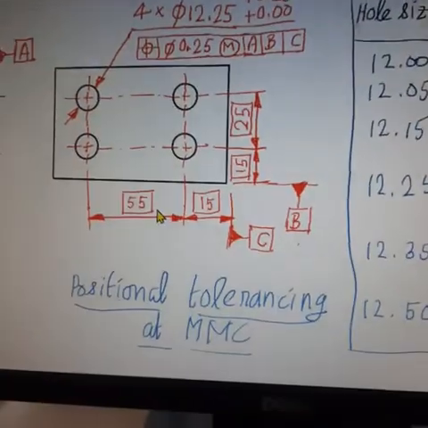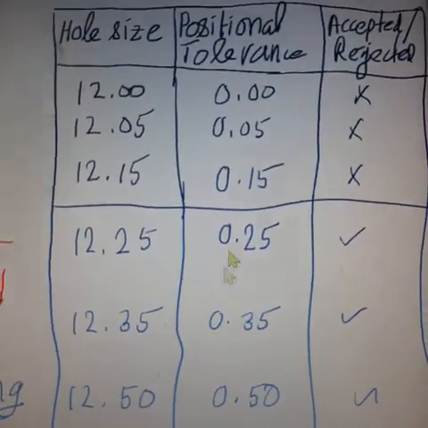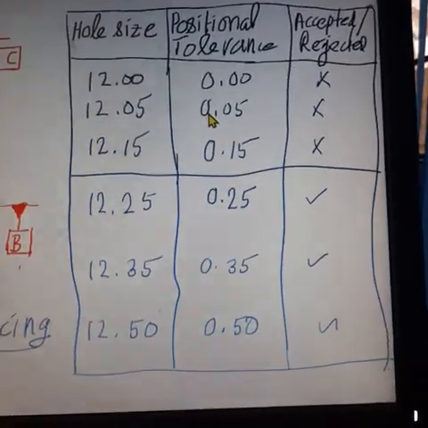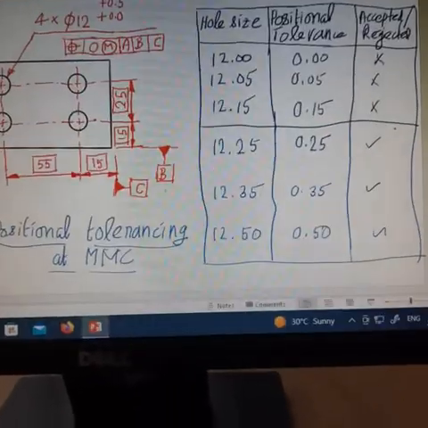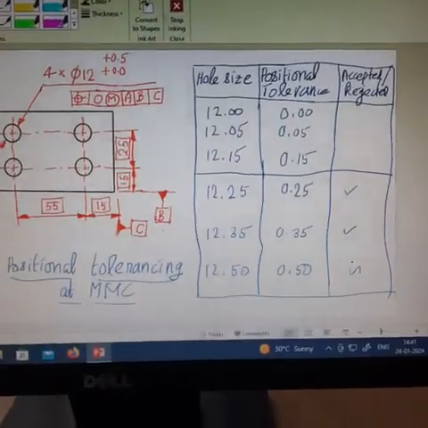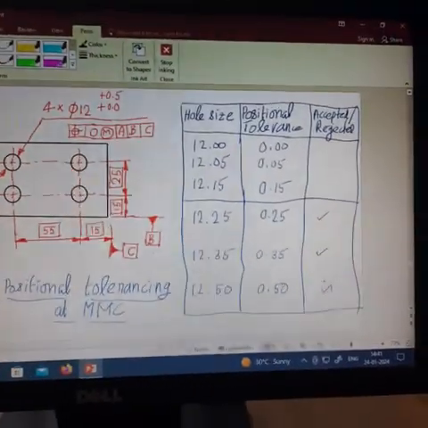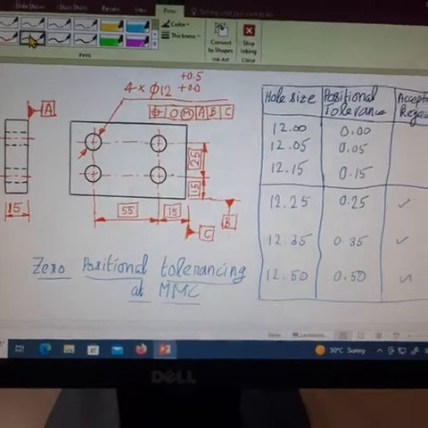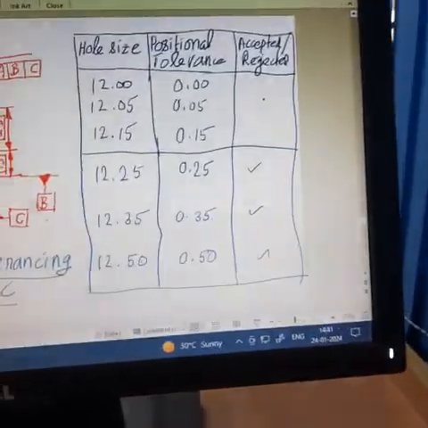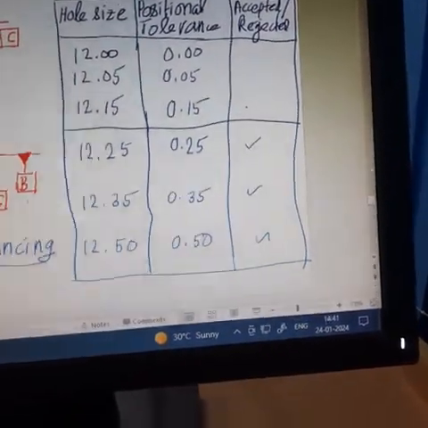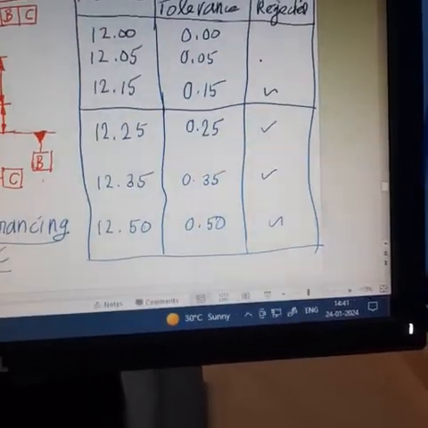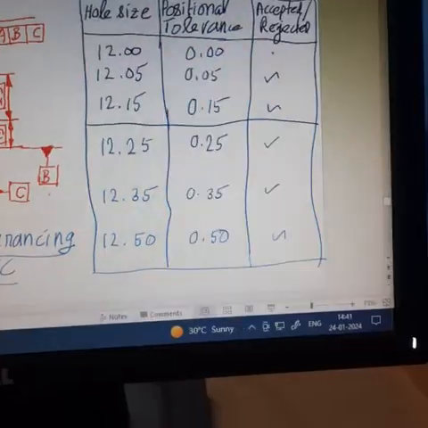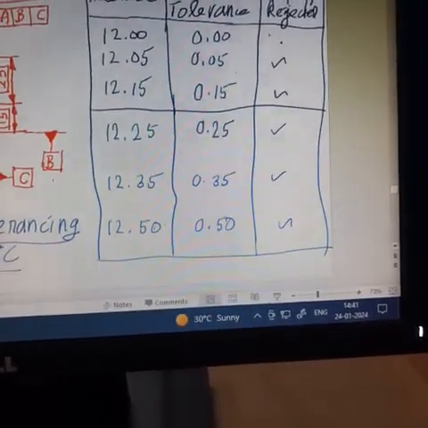Once you convert to zero position tolerancing, even hole sizes of 12.05 and 12.15, and even 12, are acceptable.